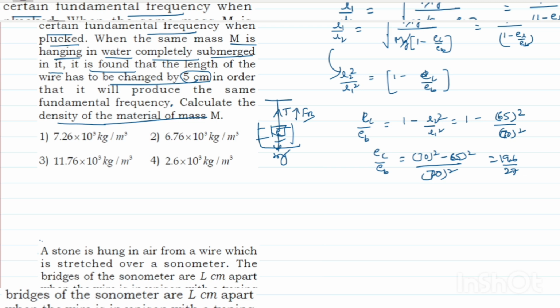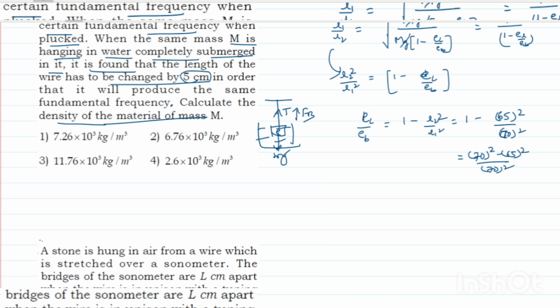Wait a moment, students. This is the density of the liquid by density of the body, which will be equivalent to 1 minus 65 whole square by 70 whole square. It's nothing but 70 whole square minus 65 whole square by 70 whole square.